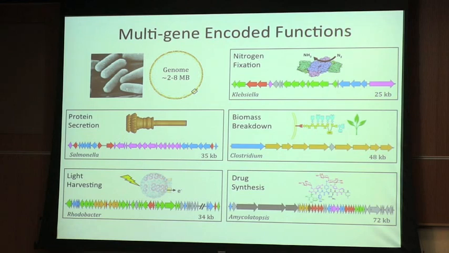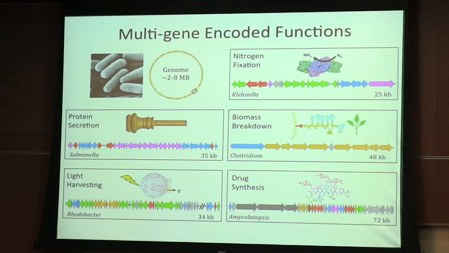In this vision of the future, what we would like to be able to do is to look out at the microbial world and take any willy-nilly functions from different bacteria that we want and plug them together into this single organism that then has some combination of abilities. For example, if I want to be able to export protein, I want to be able to pop in that unit of DNA that encodes the protein secretion device.